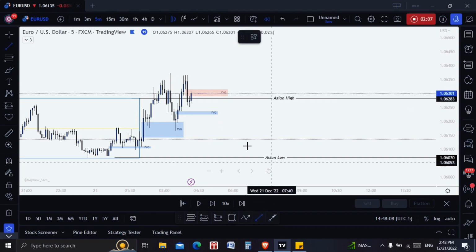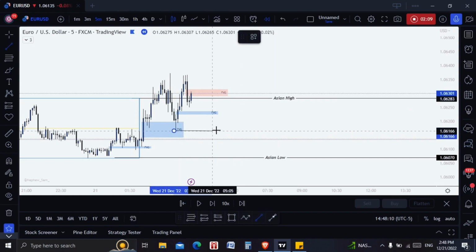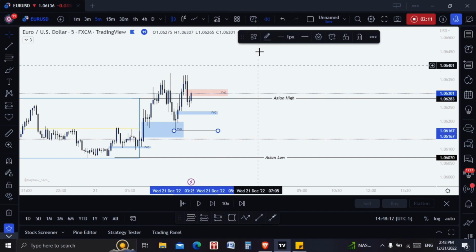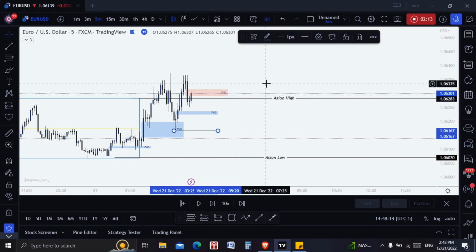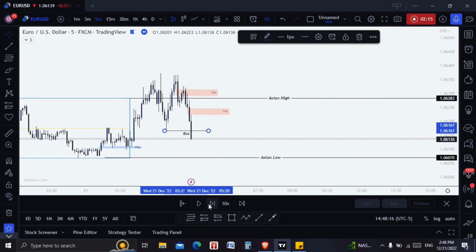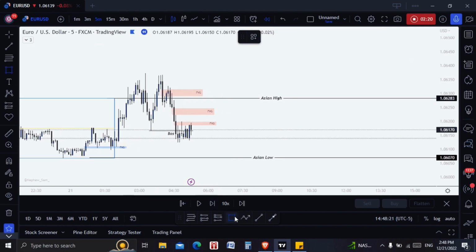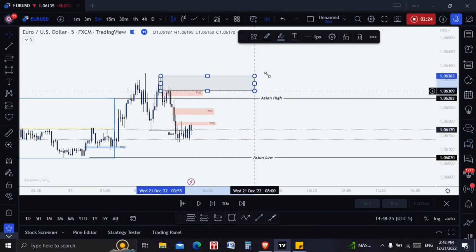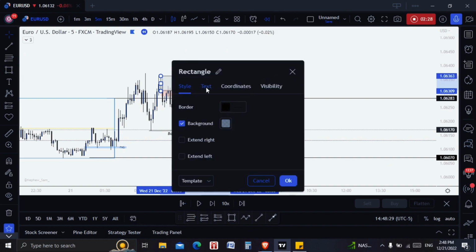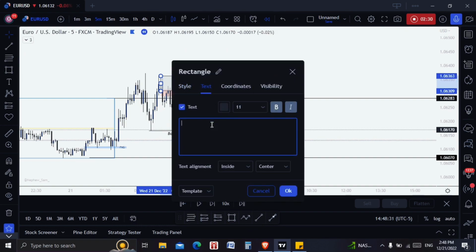Okay, so right here, I was waiting for a break of structure. And I got it. And then what I did was, this was my B setup, the last up candle before the downtrend.